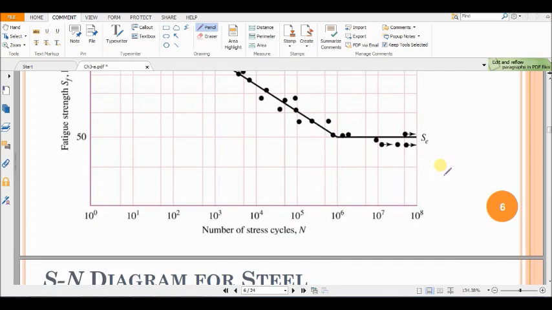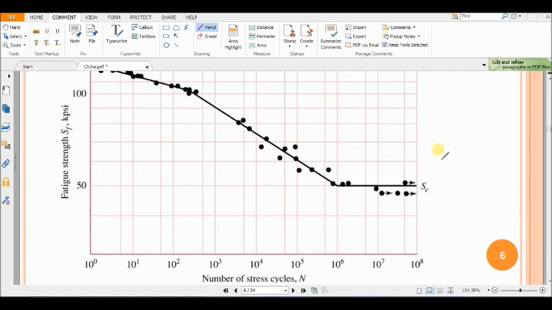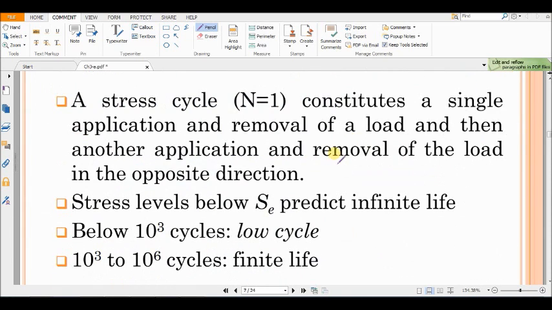It will never fail by fatigue. So basically, when you find a life of more than 10 to the power 6 cycles, or 1 million cycles, you would say that the life of this part is infinite.